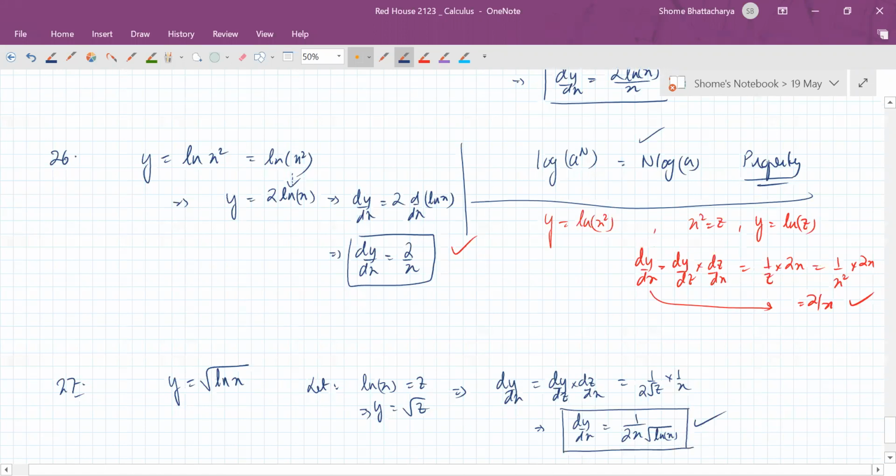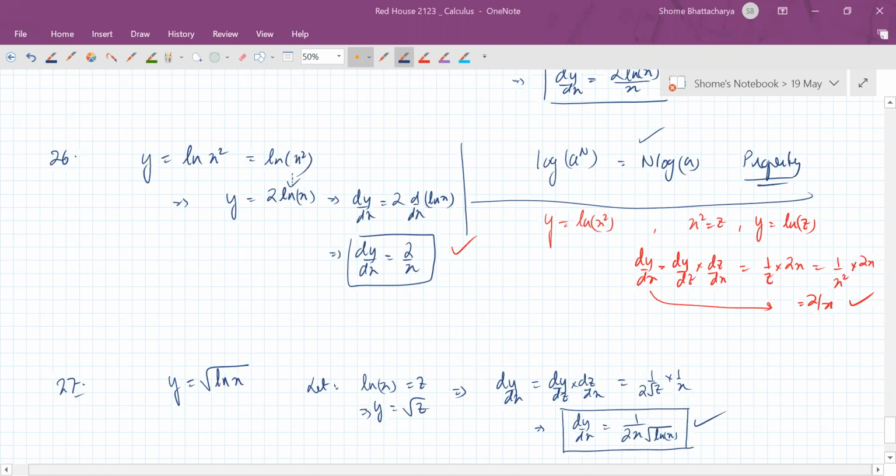Okay, so that's the 27th one. Now let's come to exercise 3, question number 1, which Adinath has asked. So this is an important type of question set that we have in exercise 3, where we'll be using differentiation or calculus to solve practical physics type of problems.